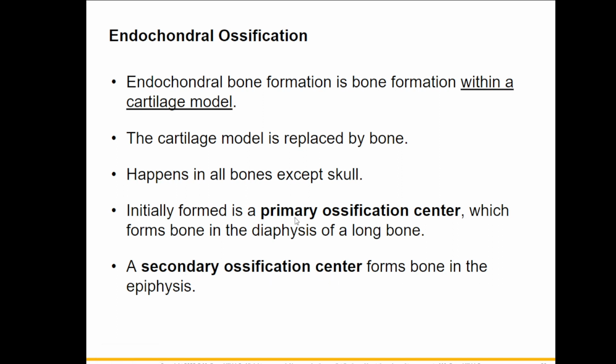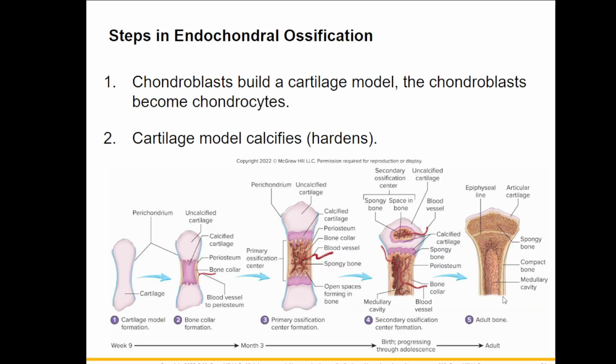The primary center is found in the diaphysis, or in the shaft or body of a long bone, while the secondary ossification center is found in the epiphysis, or in the ends of the long bones. So how does it happen? First, you have to form the cartilage model. So this is the cartilage model, and of course, it will be formed by your chondroblasts, di ba?